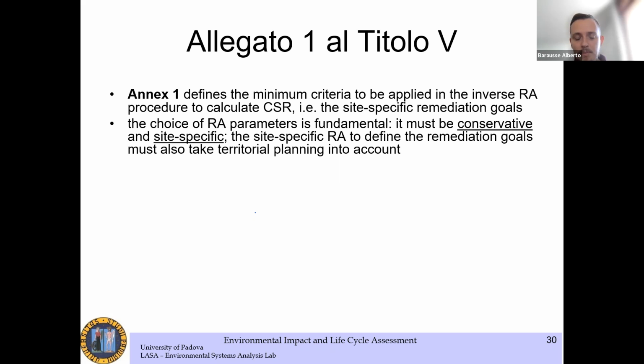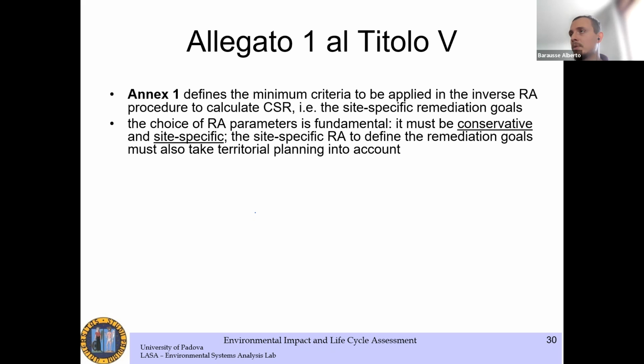The parameters must be chosen conservatively and site-specific. Site-specific, of course, is clear. For example, when you are dealing with groundwater contamination, you want to assess, I don't know, the hydraulic conductivity of the soil that's contaminated. You cannot use parameter values for sand if your site is gravel. But it's important that you must be conservative.